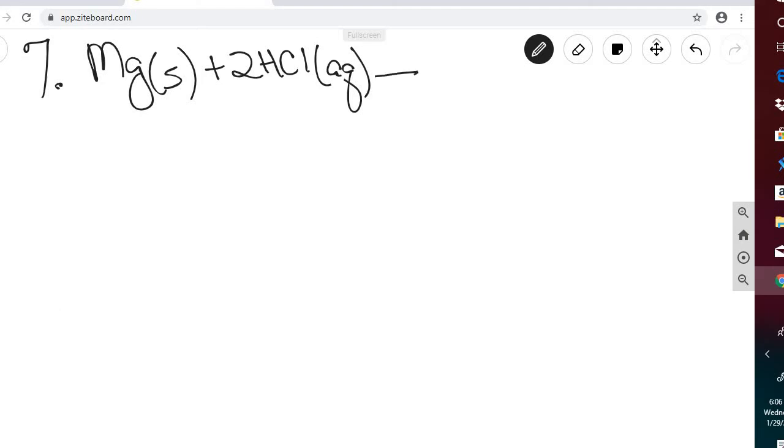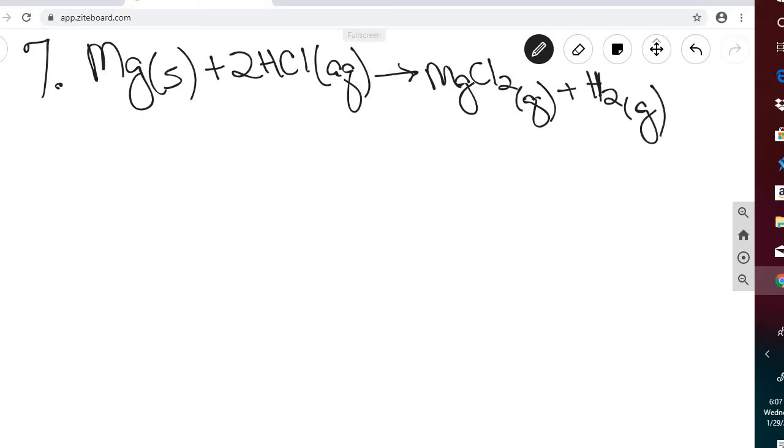And that is going to give us magnesium chloride, which is also aqueous, plus hydrogen gas, H2. They don't tell us it's a gas, but we know it's a gas because it's a homonuclear diatomic. So it exists like that, and that's a gas. So this is aqueous, and that one's a gas.